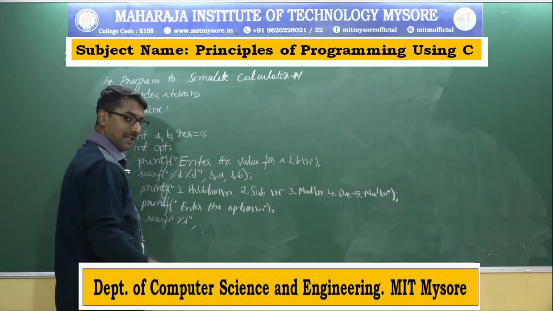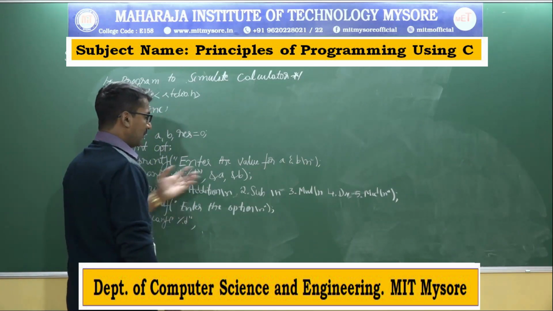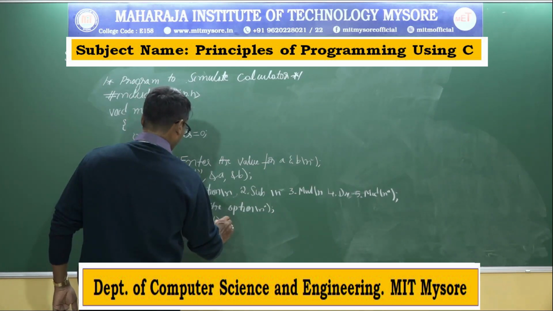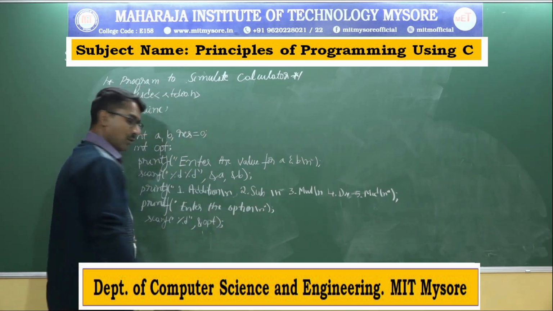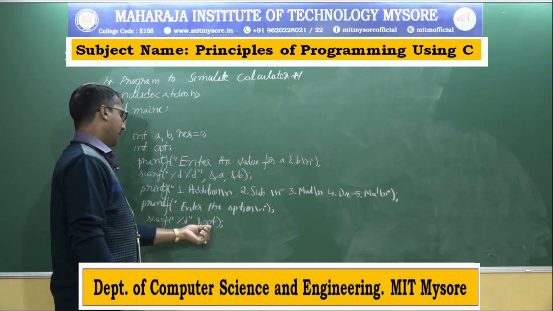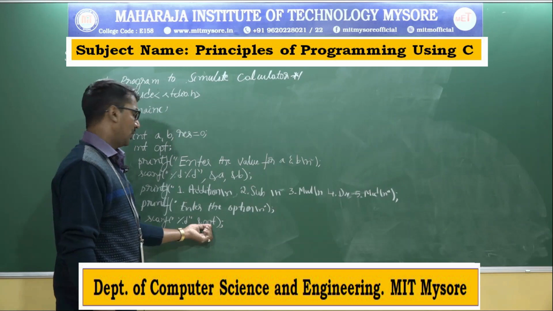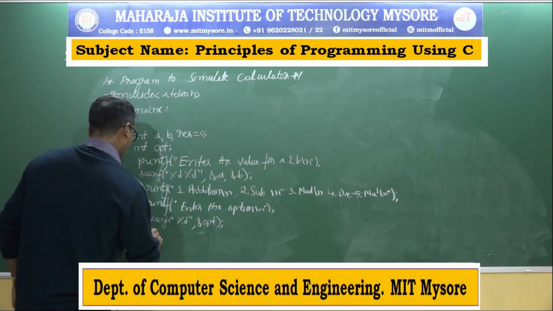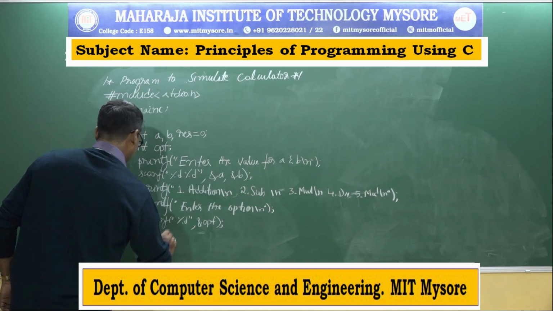Then scanf "%d". So, I am reading only one value, the value between 1 to 5. So, scanf OPT. I will read the input option. After that, switch.